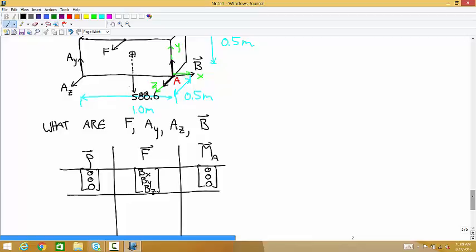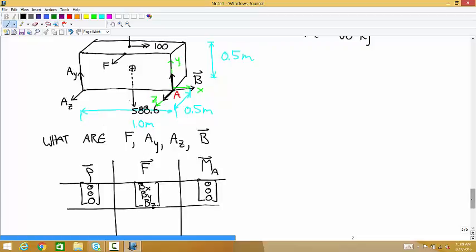Okay, so now let's go to the weight force. The row vector for this point here is, well, we have to go halfway along this 1 meter length to get there, then we have to go back halfway along the 0.5 meter length to get to the middle of the bottom face, and then we have to go past that height of 0.5 meters to get up to the center.